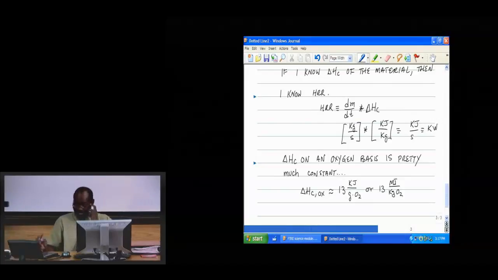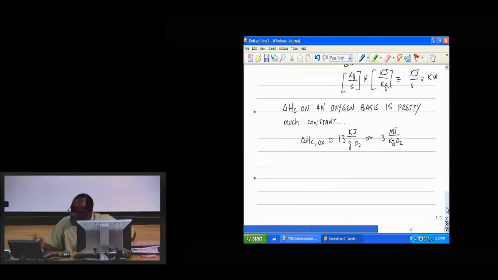Now, I'm going to get your attention here, because all of a sudden, if this is true and I burn a material, I know the oxygen concentration in the ambient. So I pull in this oxygen, I measure volumetric flow rate, and I measure the amount of oxygen in the flue gas, in this product stream.